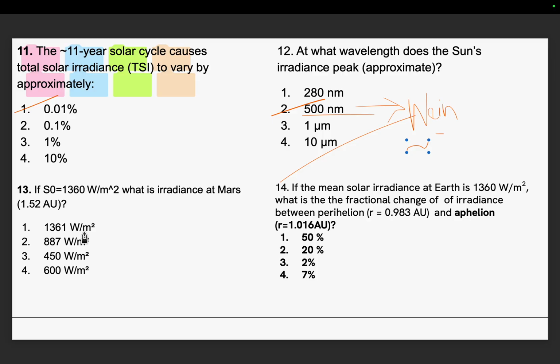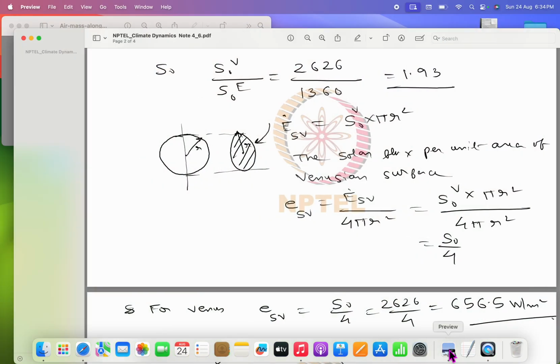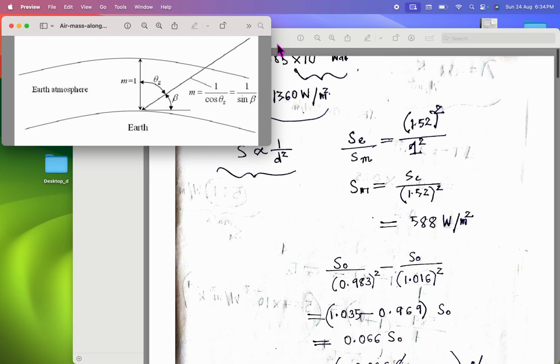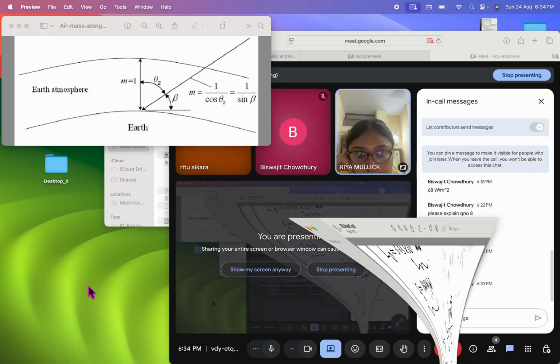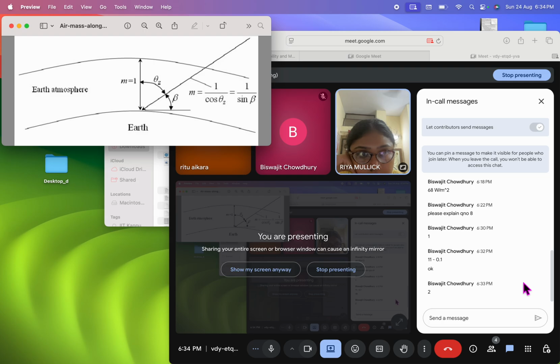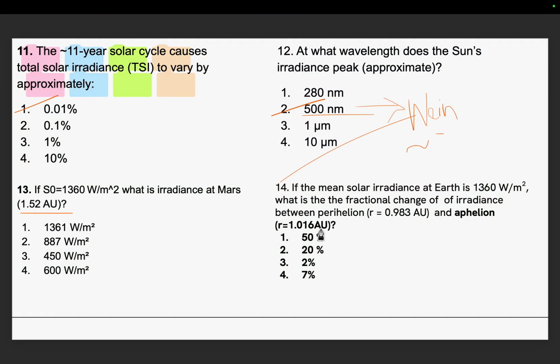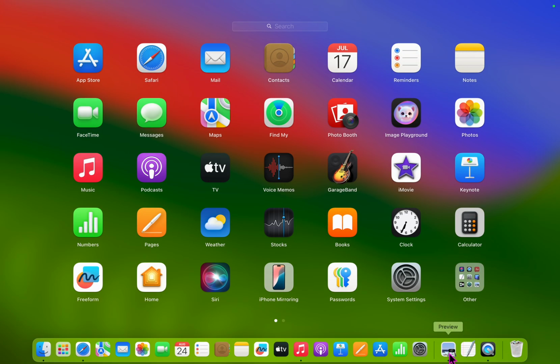It is given that Mars has a distance of 1.52 AU from the Sun. What is the value of S0 at Mars?